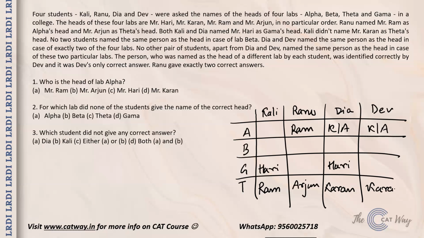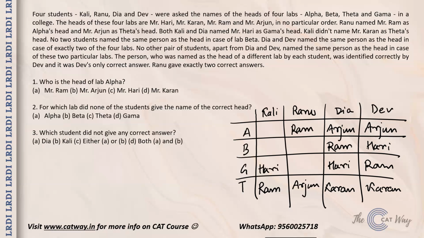And since Karan is here, we have Arjun by Diya and Dev in Alpha. Then, Gamma cannot be Hari by Dev, so Hari will come over here. And in that case, we have Ram over here and here.